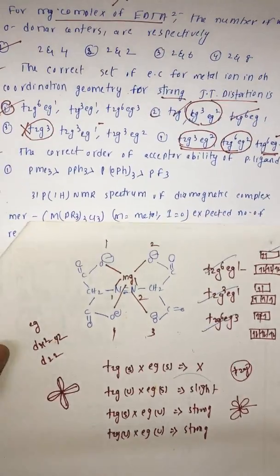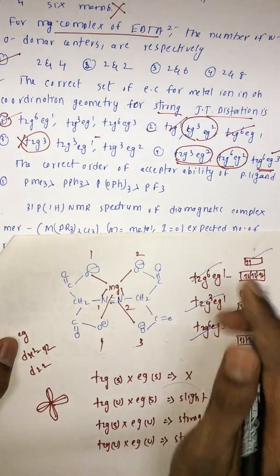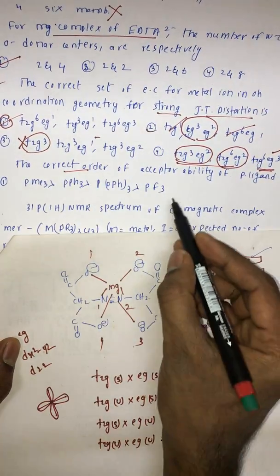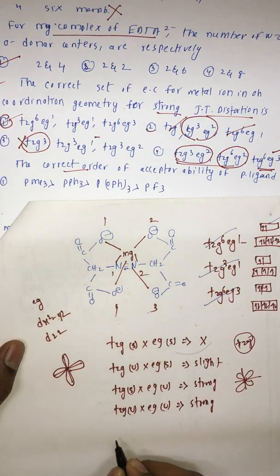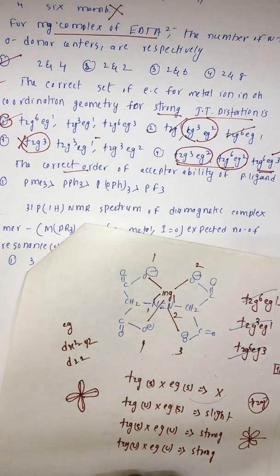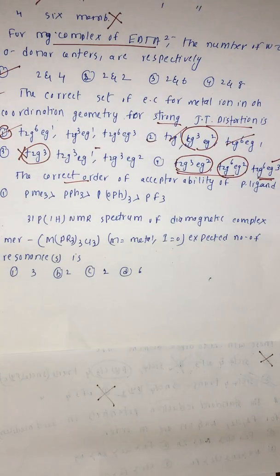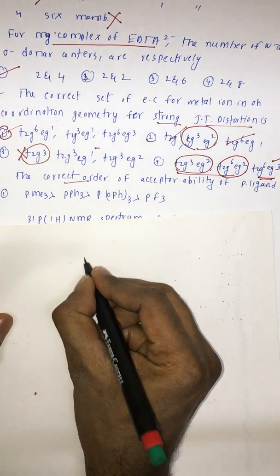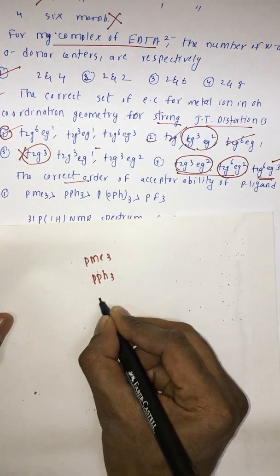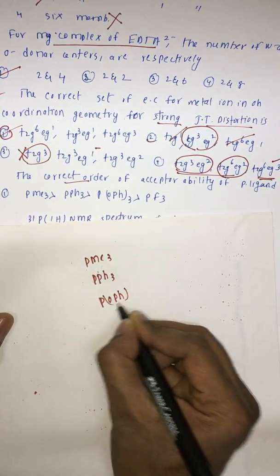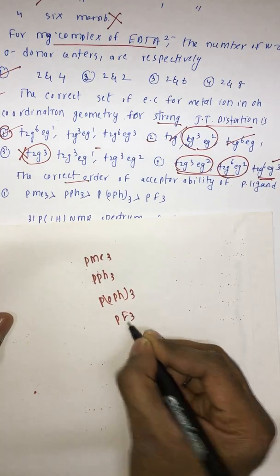And here is the next question. I did not write the options. The correct order of accepting ability of phosphorus ligands. So they have given 4 ligands: PMe3, PPh3, P(OPh)3, PF3.